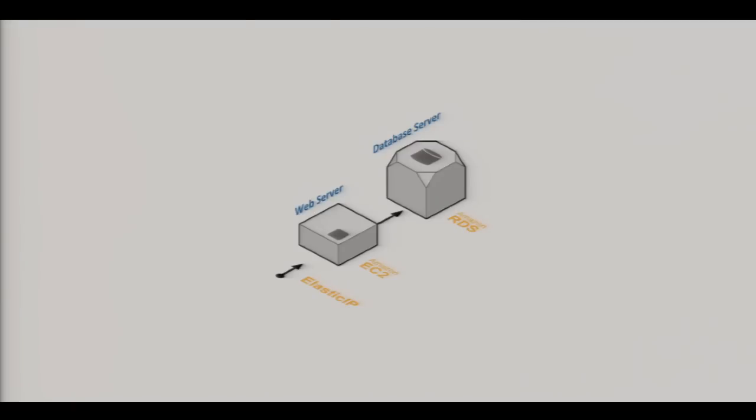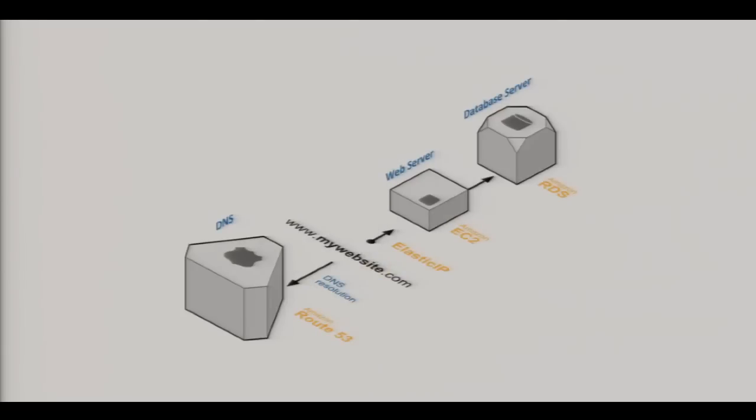Elastic IP addresses have a couple of features, and the one that's relevant here is that you can actually map an elastic IP from one instance to another automatically. So this is quite interesting and important if you want to work around failures, which we'll see in a second. And lastly, we'll use Route 53, our DNS service, to resolve, in this case, www.mywebsite.com to the elastic IP address.